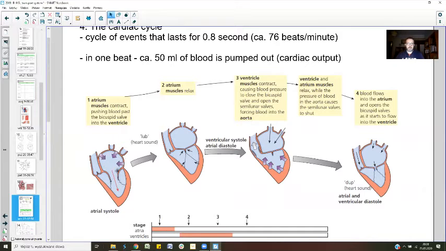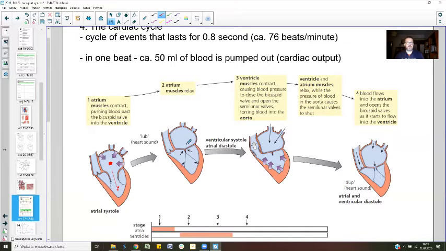Because blood pressure inside the atrium exceeds blood pressure in the ventricle, the blood may flow into it, because the valve will open as the blood pressure in the ventricle is lower than in the atrium. Then after this, the blood filled the ventricle.